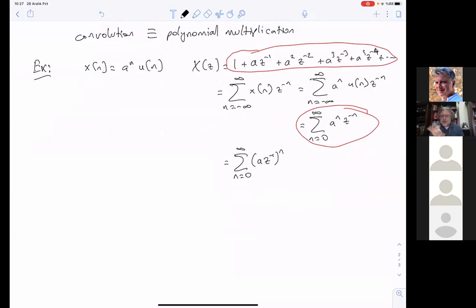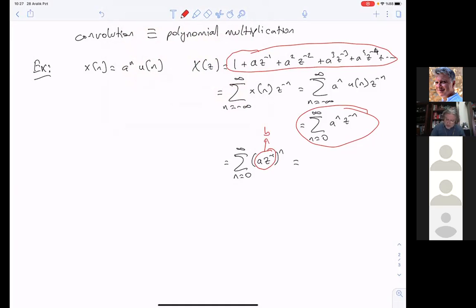The eventual summation is the thing that I write over there, the last thing. Now, this is a power series sum, where we have a times z to the minus 1, altogether to the power n. Let's call this thing B, okay?